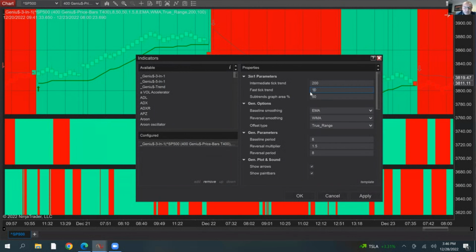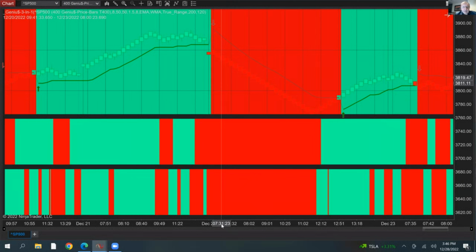I'll change it to say 120 instead of 100. I'll add 20 more ticks to it. All right, here we are. So there's fewer of those. See, not as many. So we actually found a better setting here with the 20 added.